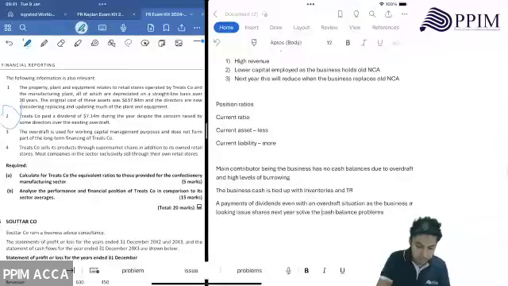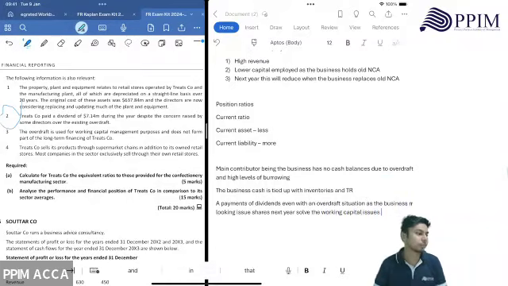Or maybe the better word to use would be, guys, rather than cash balance problem, to solve working capital issues.